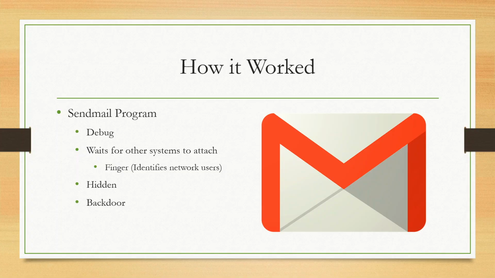So how did it work? It worked by using the sendmail program, which is where the vulnerability was. It's a debugger, and inside of it there's a finger program, hence the name finger, that identifies the network's users, so it points at the network's users and says you are you, and so on.